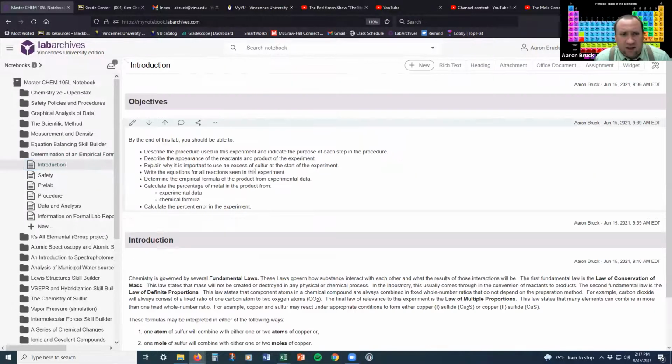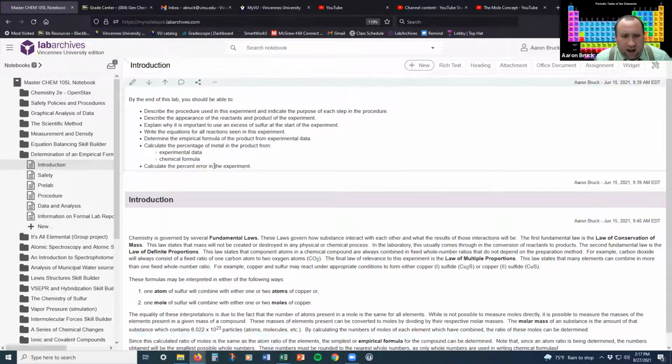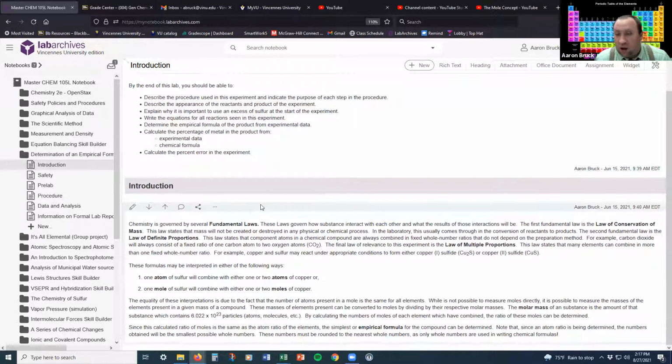We can see that the lab that we are doing is the determination of an empirical formula. We are going to be looking at a couple of those fundamental laws of chemistry. In particular, we're looking at the law of conservation of mass: mass cannot be created or destroyed.